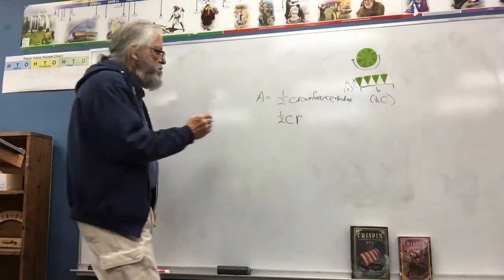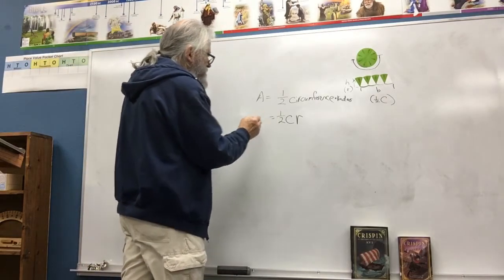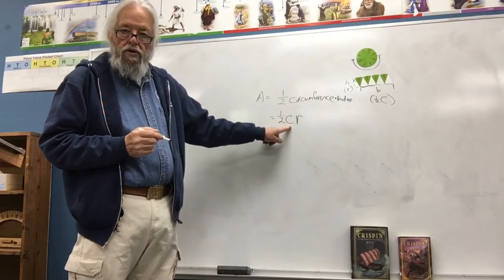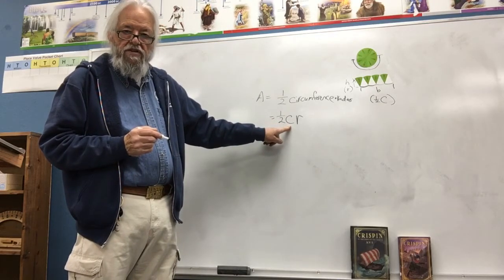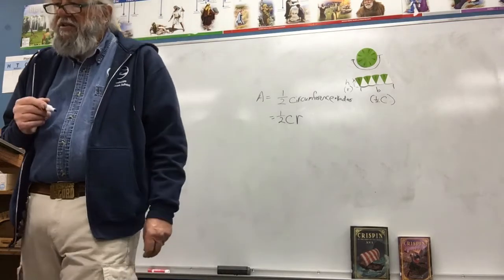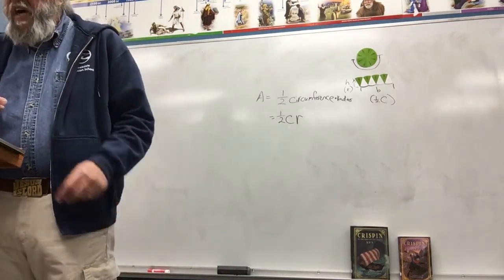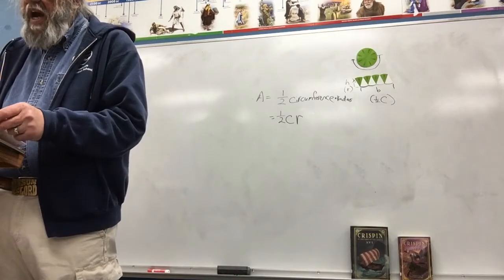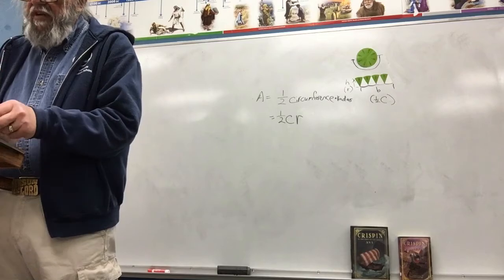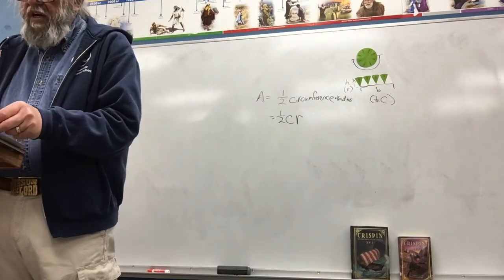So now, let's substitute in for the circumference. Circumference, the way that we find the circumference, and if you look back a few pages, we were doing the circumference. You have to go back a little bit.